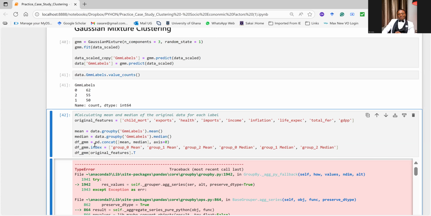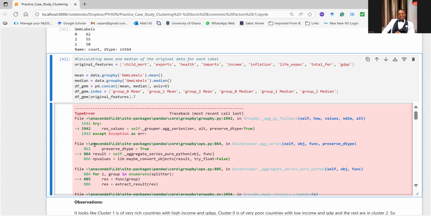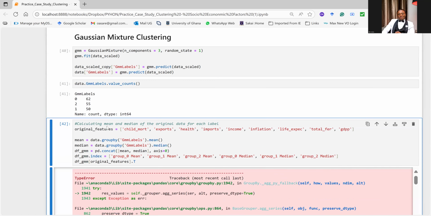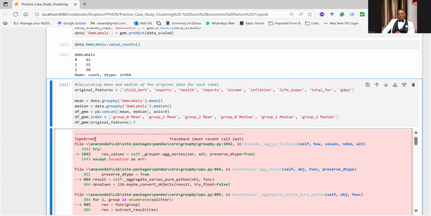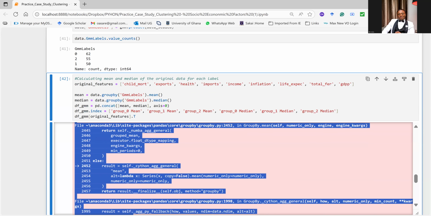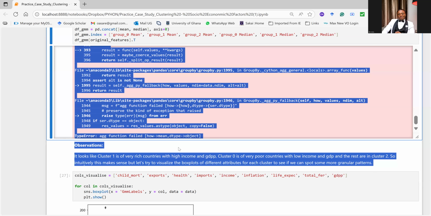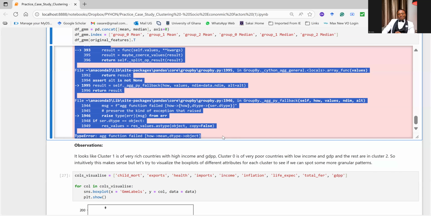It always happens because we are using the original scales separated by the scaled copy. If you look at it, we have the scaled copy here. So once again, whenever you have these kind of errors, look at the bottom. It says that aggregate function failed.